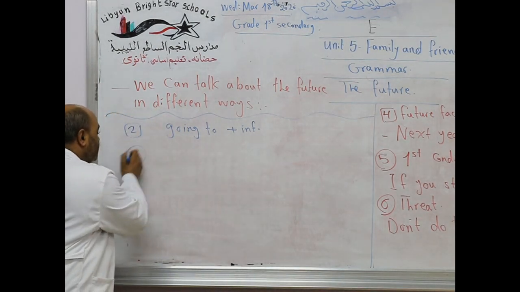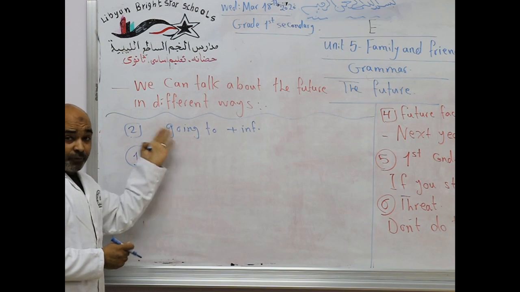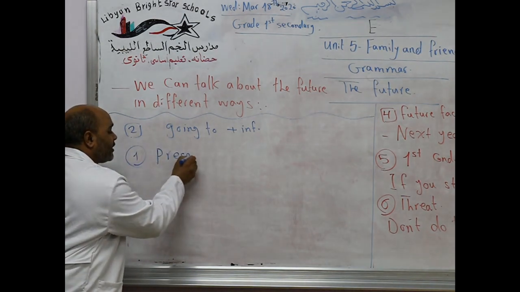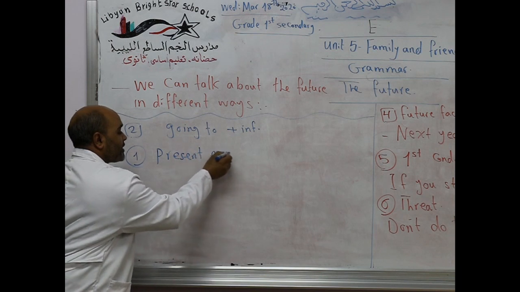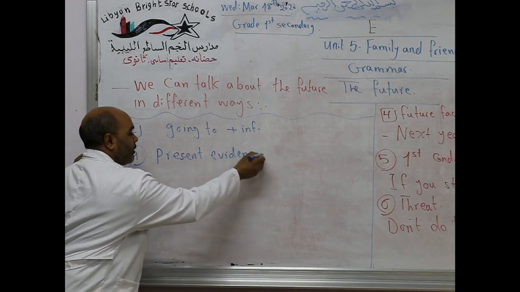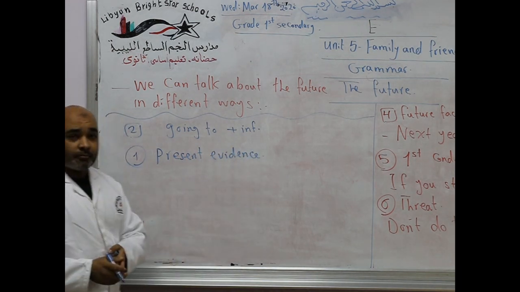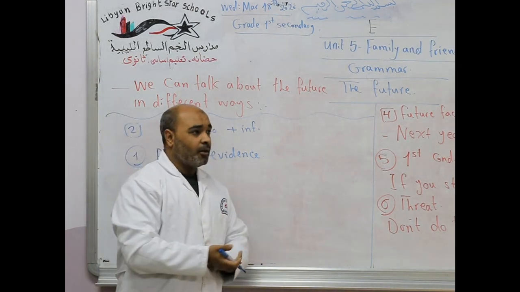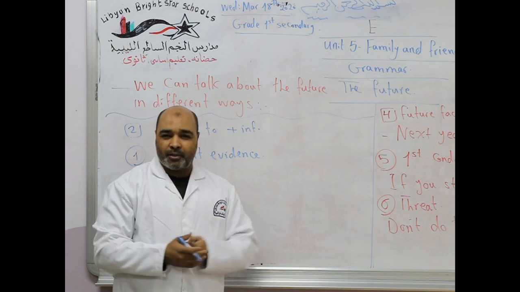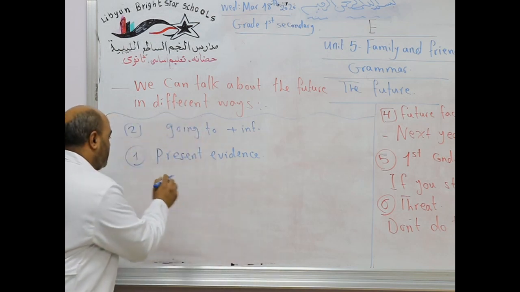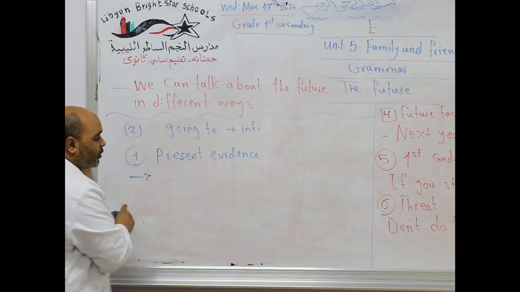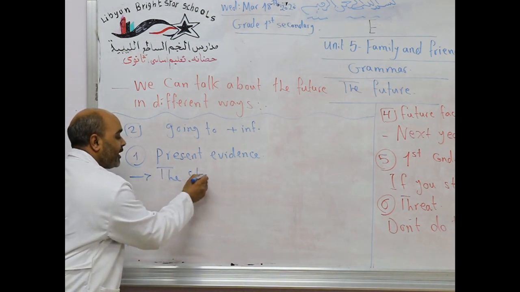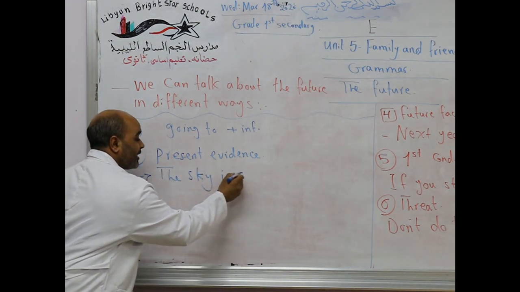The first one, we can talk about the future by using going to for present evidence. Present evidence, what does it mean? When there is something I can see, we can use going to, don't use will. Why? This example will show you. The sky is cloudy.